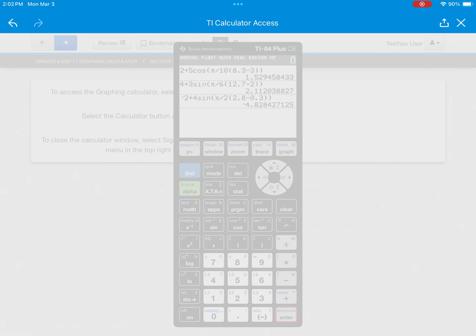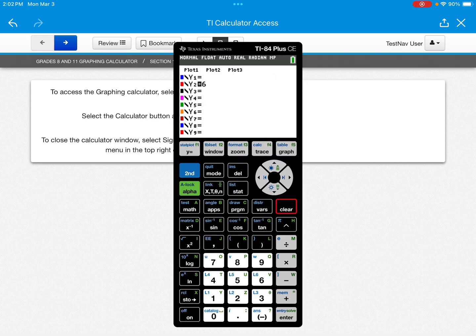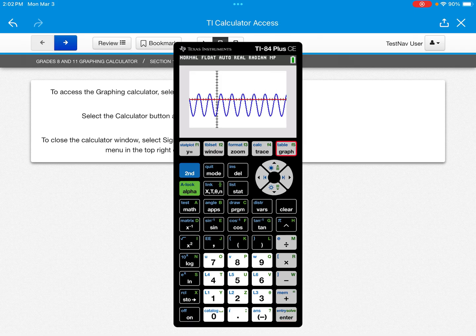So go to y equals, clear what's there, typing in part C, negative 2 plus 4 sine pi over 2, open x minus 0.3. y2 here needs to be 0, and graph.